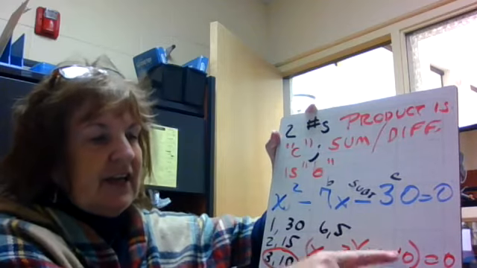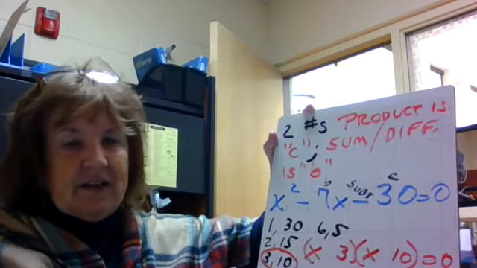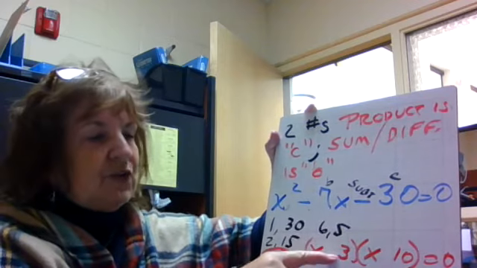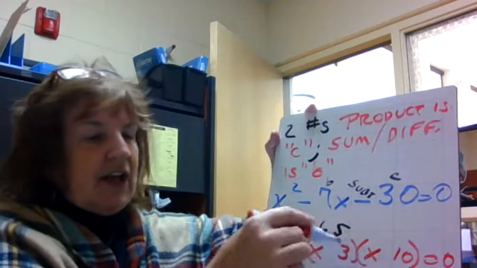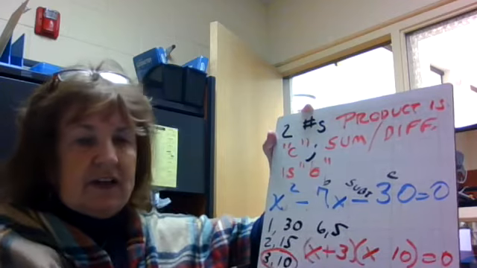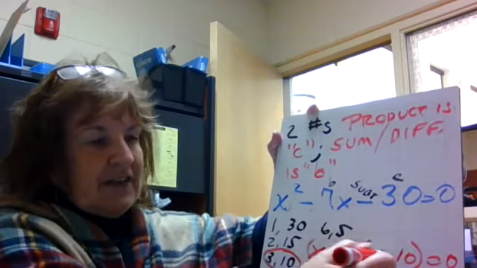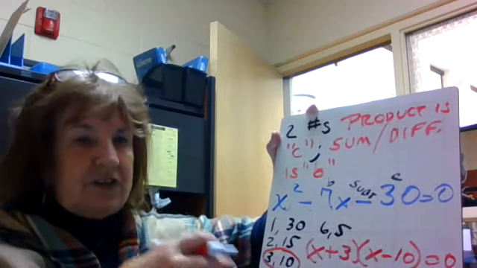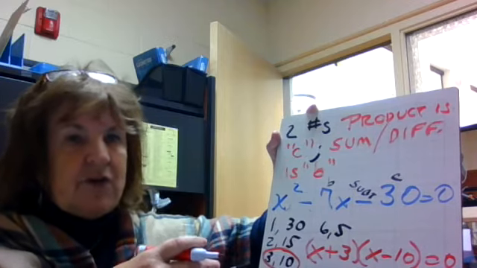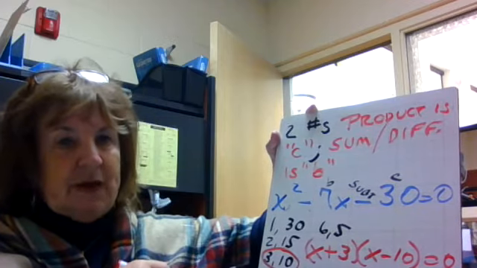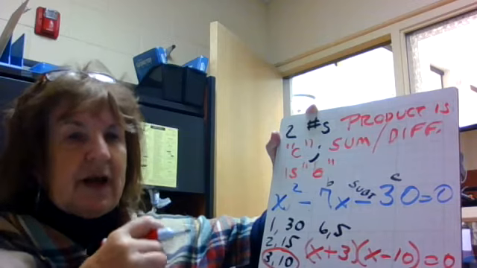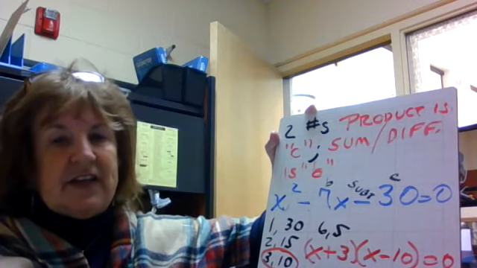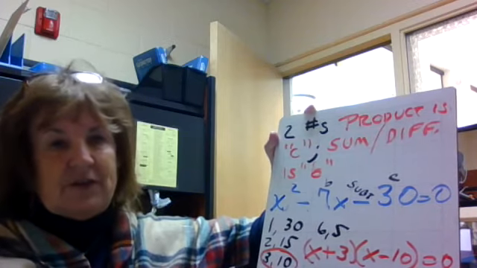Or is it 10 minus 3? Well, it is 3 minus 10. When you just have a number and you didn't put a sign in front of it, it's always positive. So 3 minus 10. The 3 is positive, the 10 is negative, and there's your answer.